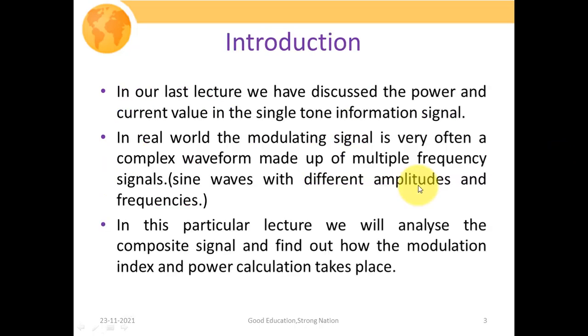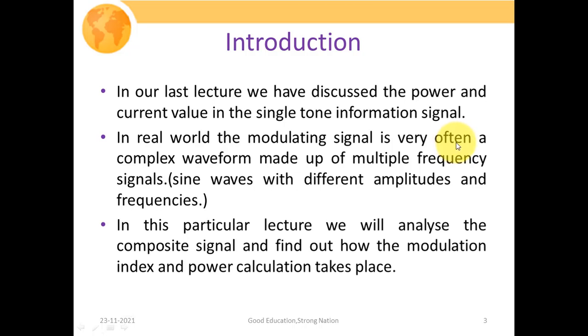In our last lecture we discussed the power and current value calculation for a single tone information signal. Single tone means the information signal contains only a single frequency component. Whereas in the real world, the modulating signal or message signal is often a complex waveform, or we could say a composite signal made up of multiple frequency signals, that is, sine waves with different amplitudes and different frequencies.